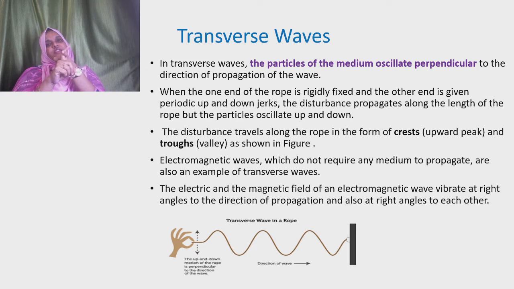Both these fields will be perpendicular to each other, and also perpendicular to the direction of propagation of the wave. That is why electromagnetic waves are known as transverse waves.